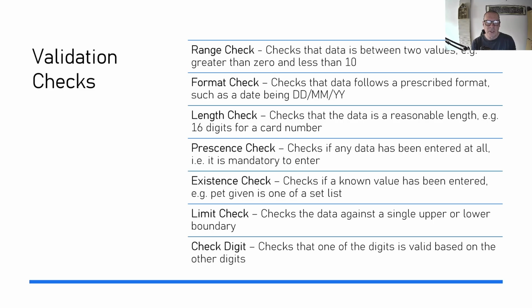And that can help against people trying to invent card numbers. If they don't know how the last digit is calculated, they won't necessarily calculate a correct or valid credit card number. And if you mistype it as well, if you type in the digits and you get it wrong, it can detect that you've, in some cases, not always, but it will detect that you typed the number in incorrectly.